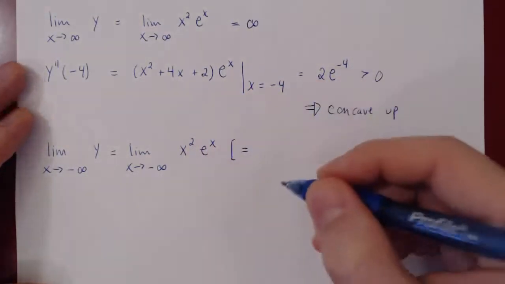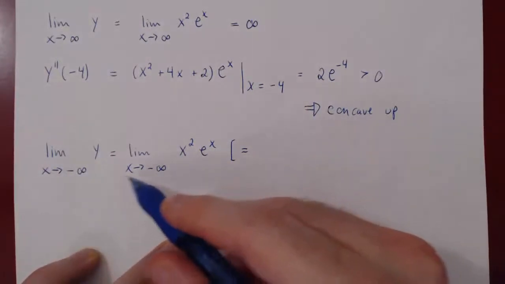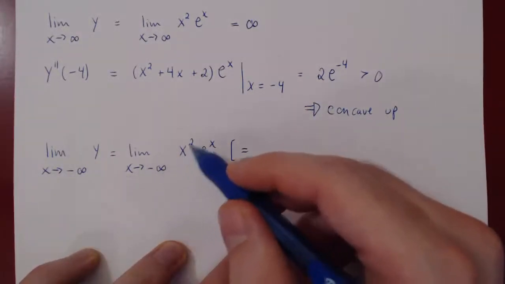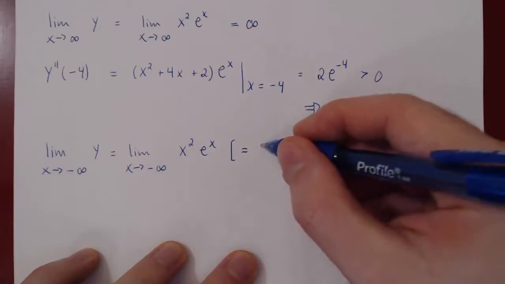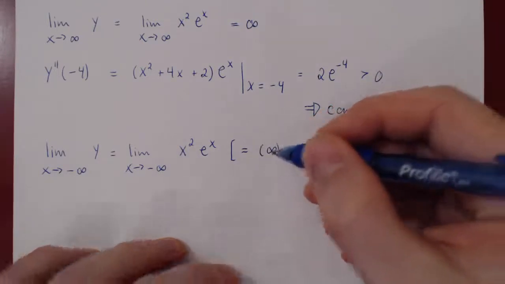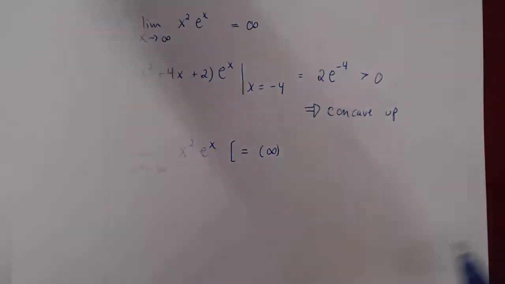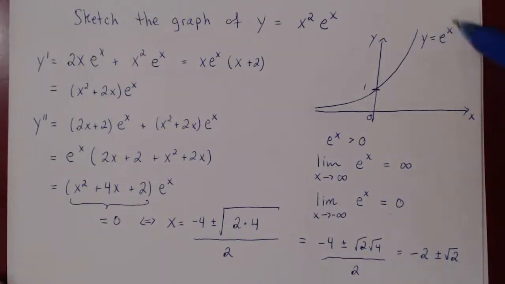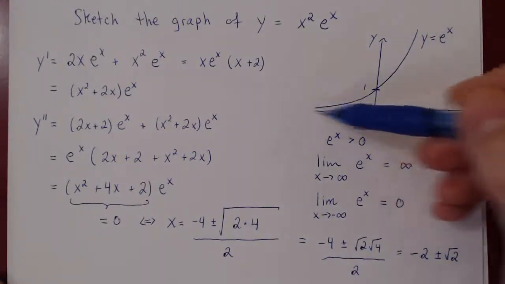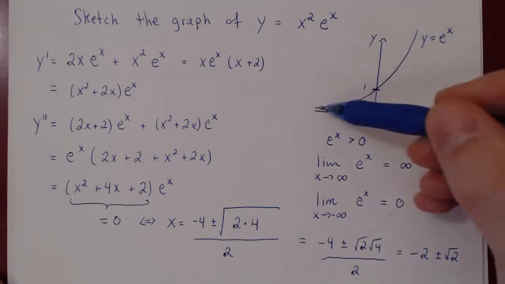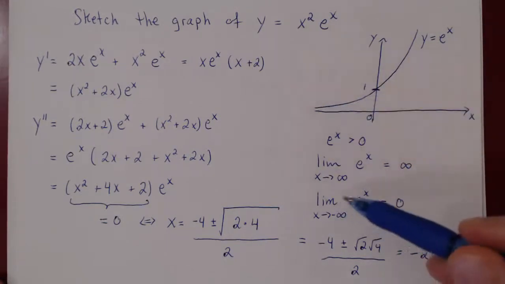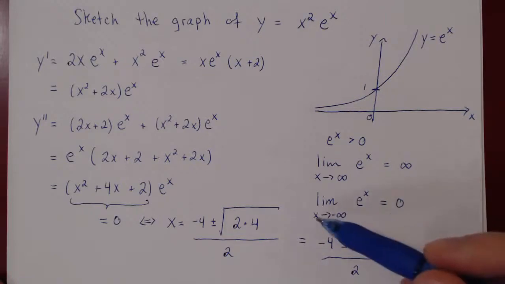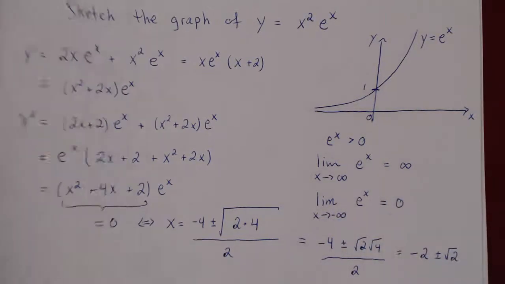Let's look at our case. As x goes to negative infinity, x squared, since 2 is even, goes to positive infinity. And if you look back to the graph of e to the x, as x goes to negative infinity, e to the x approaches 0. So e to the x approaches 0 when x goes to negative infinity.